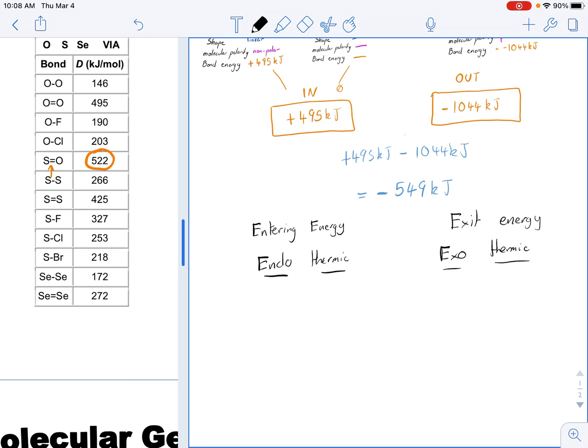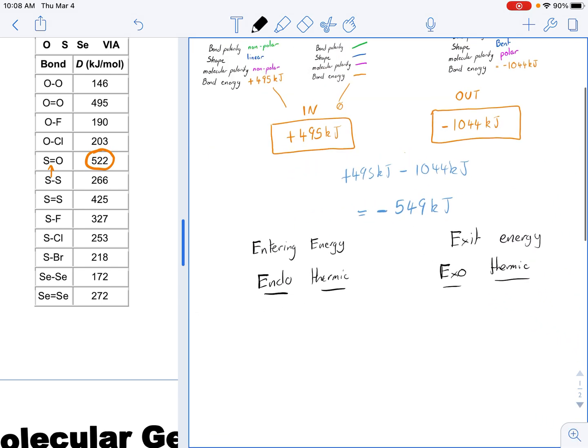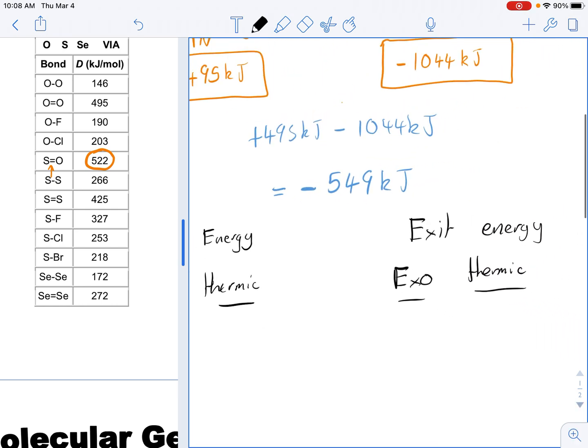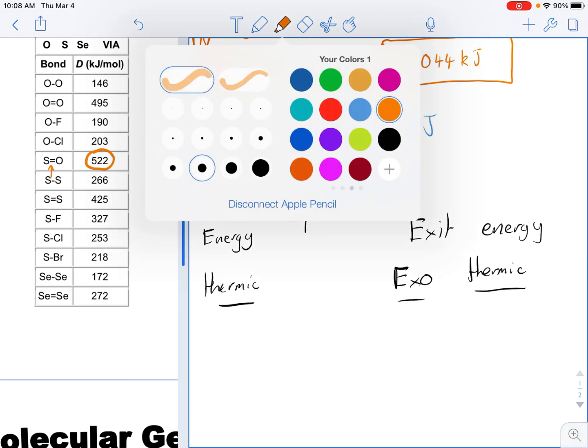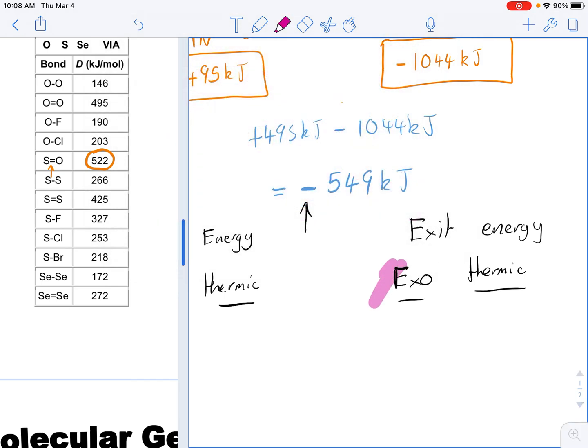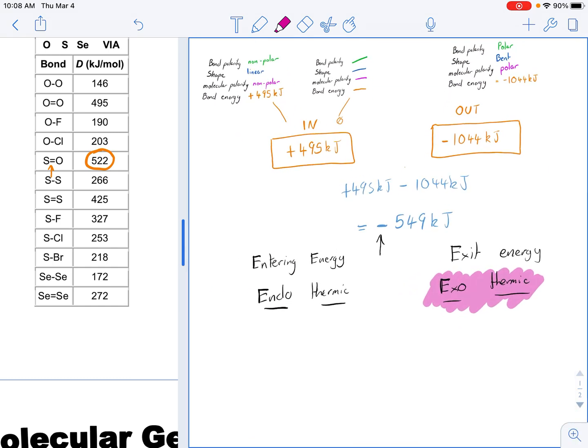So, do we have more energy going in or more energy coming out? Well, because this is a negative, we have energy exiting. It is leaving our system. So this is going to be an exothermic reaction. Energy has exited my system here.